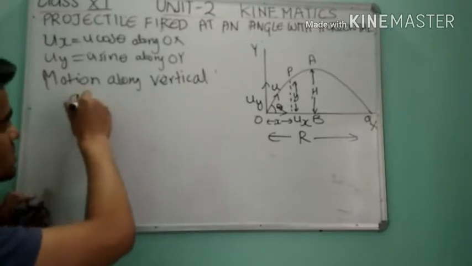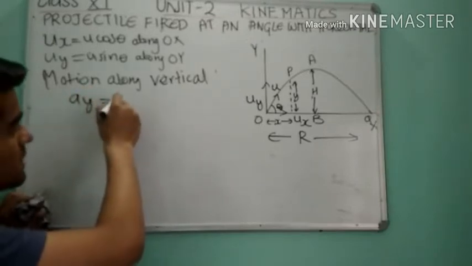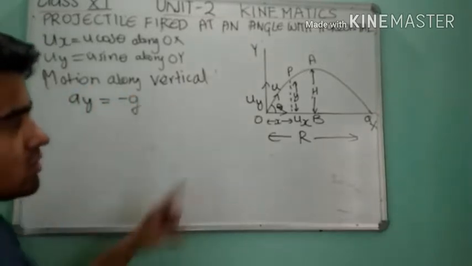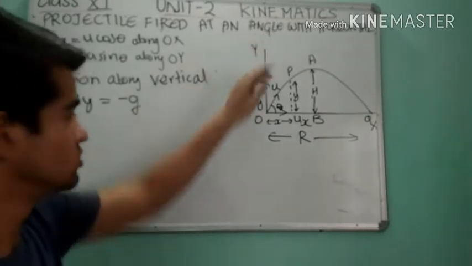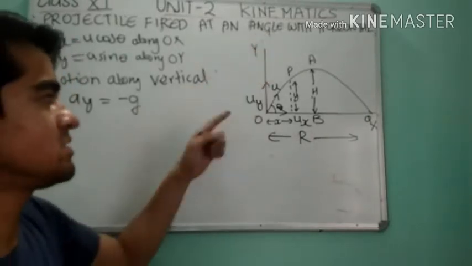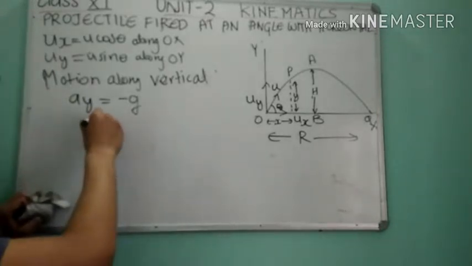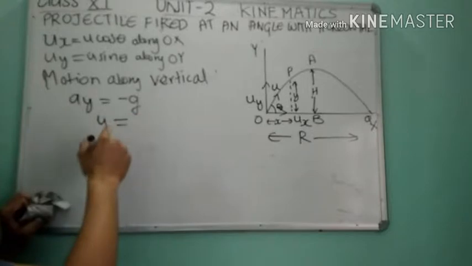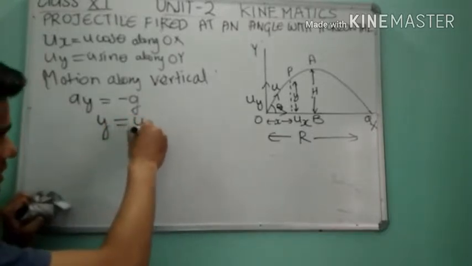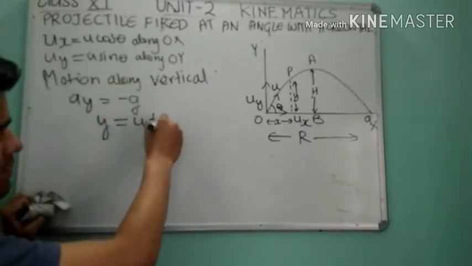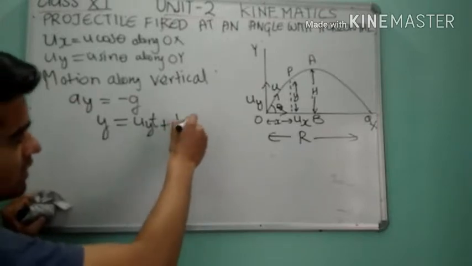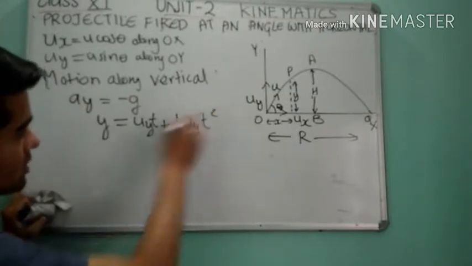Now motion along vertical. For this, acceleration in the vertical direction will be minus g because the projectile is thrown upward, so acceleration will be acting against it. And from the second equation of motion, I write directly y is equal to uy t plus half ay t square.